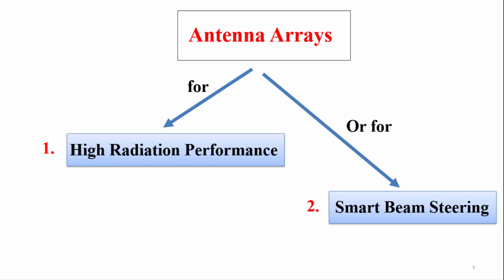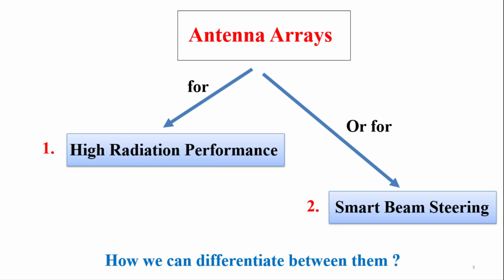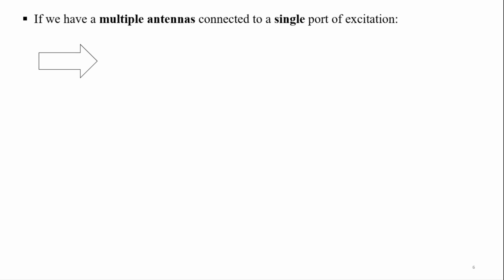So the first case is high radiation performance. How can we differentiate between the first type and the second type? For the first type, I have one single pulse of excitation used to power multiple antennas.